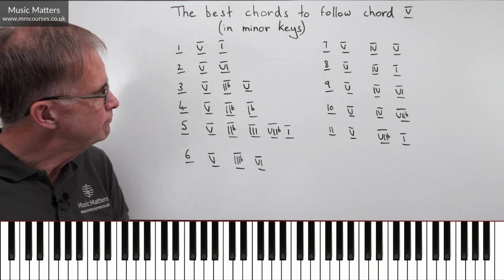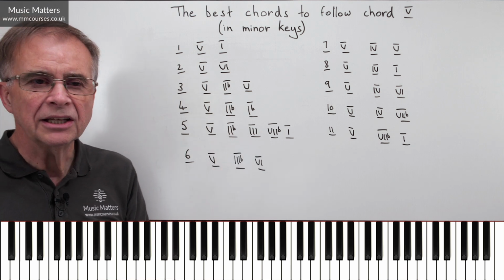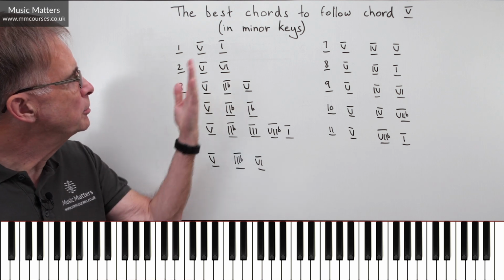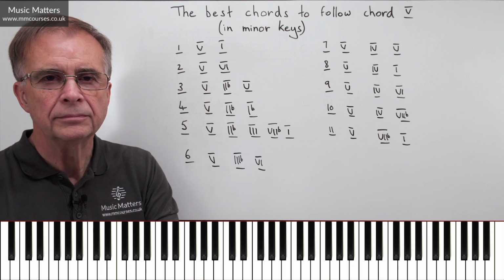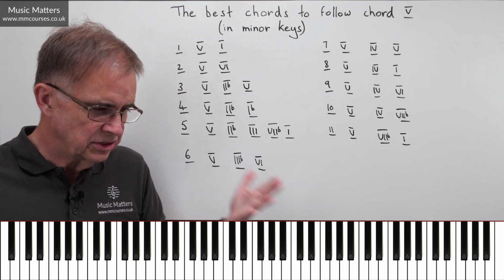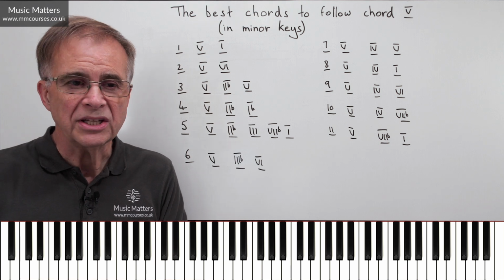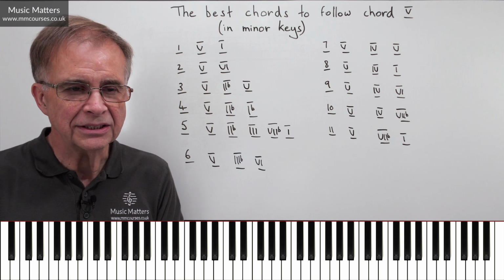Okay, let's consider 11 possibilities of places we can go from chord 5. Option 1 is the most obvious, 5 followed by 1. That's something that so many pieces of music do. And of course, it's a cadence formula, so it often happens at the ends of phrases.